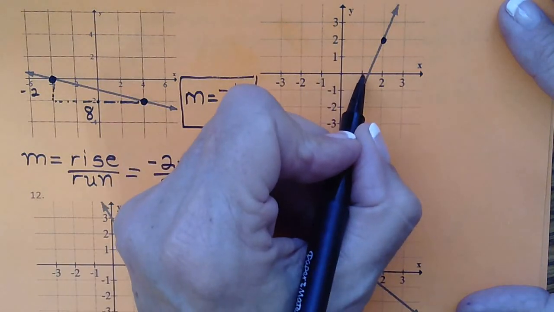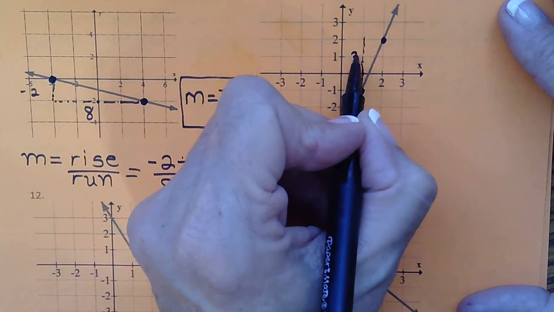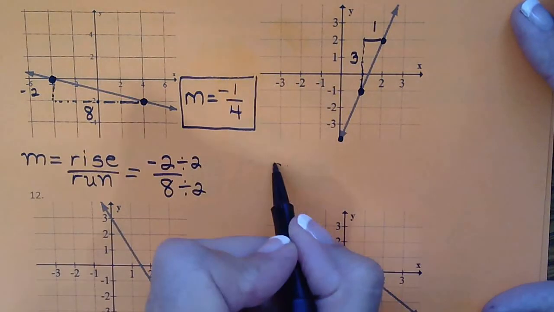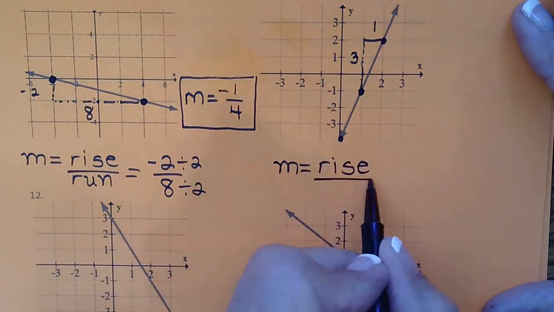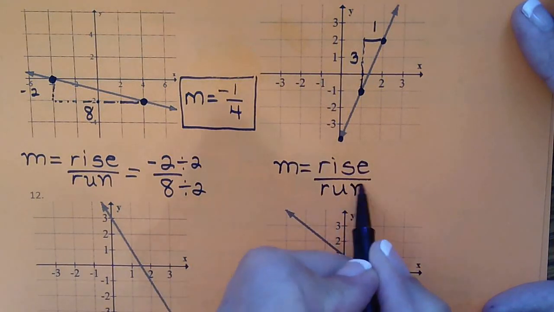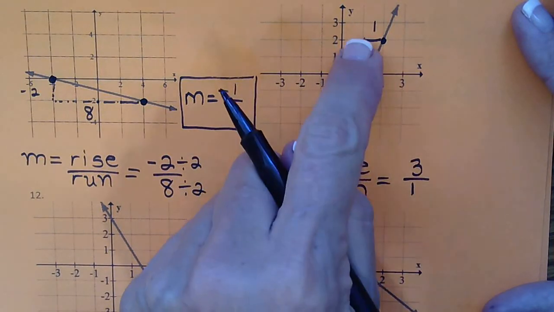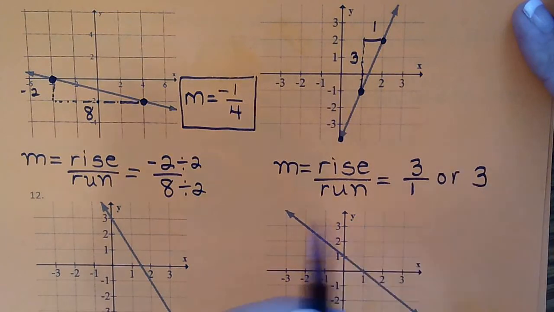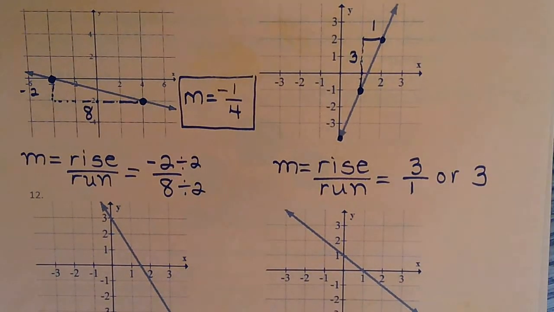So rise 1, 2, 3, and run 1. So m equals rise over run, which equals 3 over 1. So rise 3, run 1, or just 3.